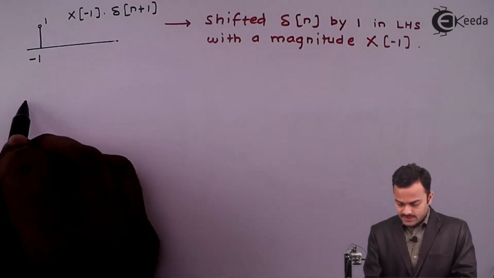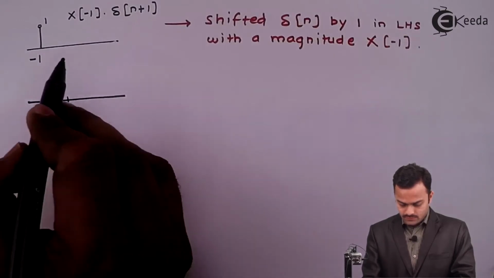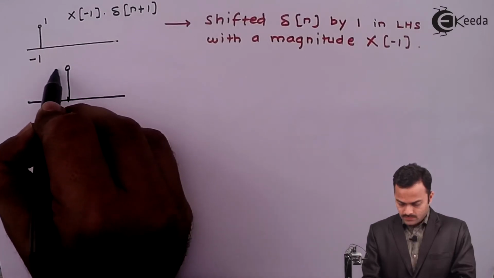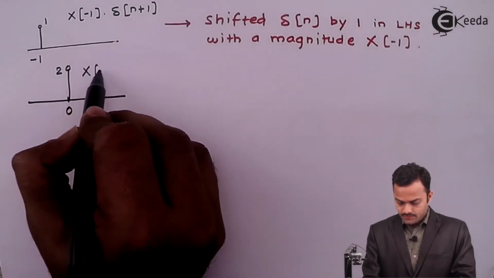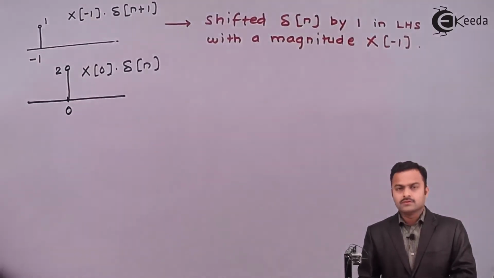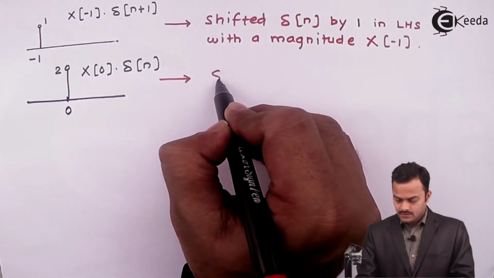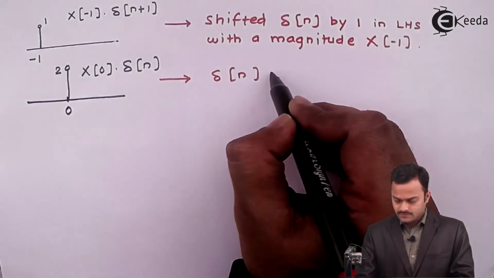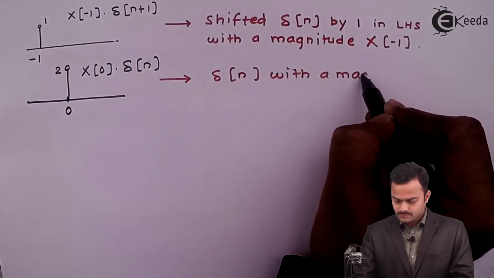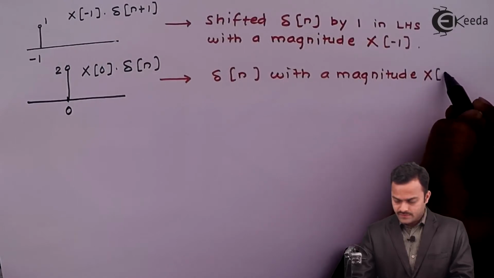Similarly, the second signal I'll get at n equal to 0. The magnitude is 2. I can say this is x of 0 multiplied by delta n. So once again I will consider this as a delta n function with a magnitude decided by x of 0.